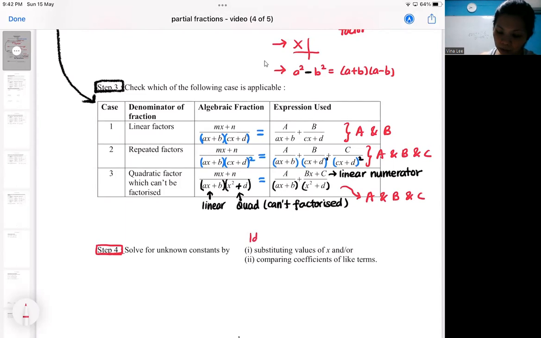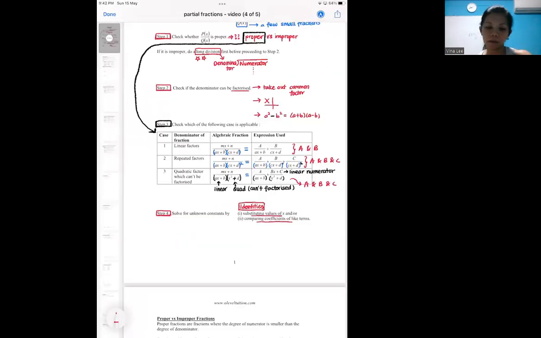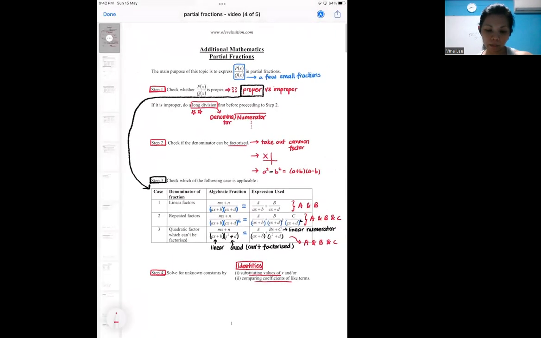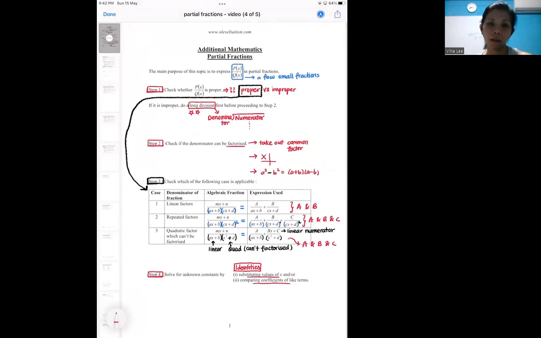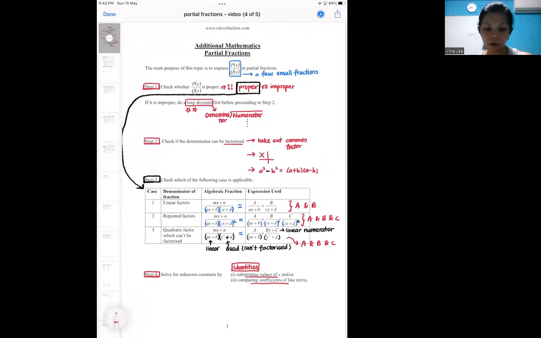The techniques in identities are substituting values, or comparing coefficients. That is under the identities concept. So these will be the 4 main steps that you got to check before we can even start a simple question on partial fractions.